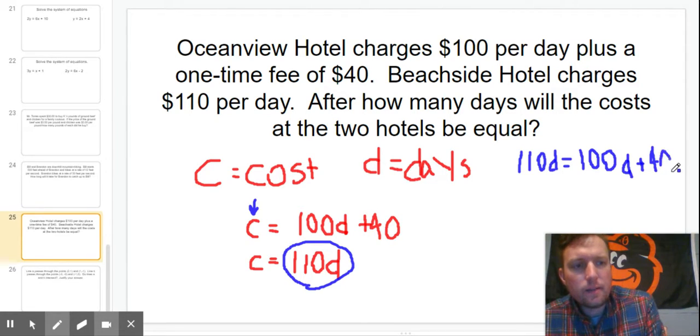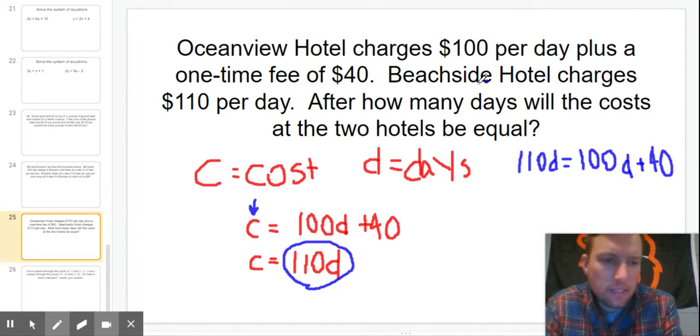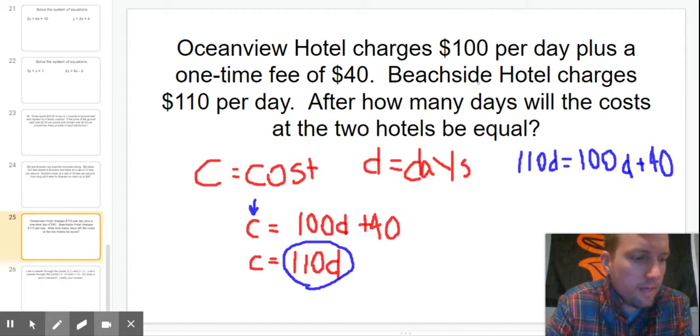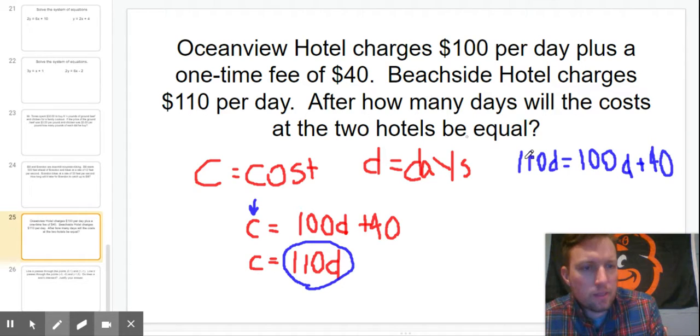Now, in doing this, I have gone from 2 different variables to 1 variable. Now I want to get my constant terms on one side and my variable terms on the other. So I'm going to try to get my variables to one side.